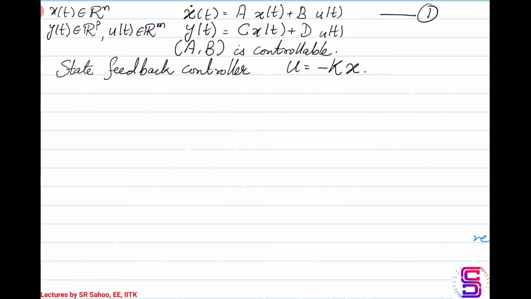controllable. Now, as you know, the state feedback controller is such that the input is set to minus Kx, where K is the control gain matrix and x is the state vector that is fed back for this particular controller. Now, LQR, or the linear quadratic regulator, is a specific state feedback controller.